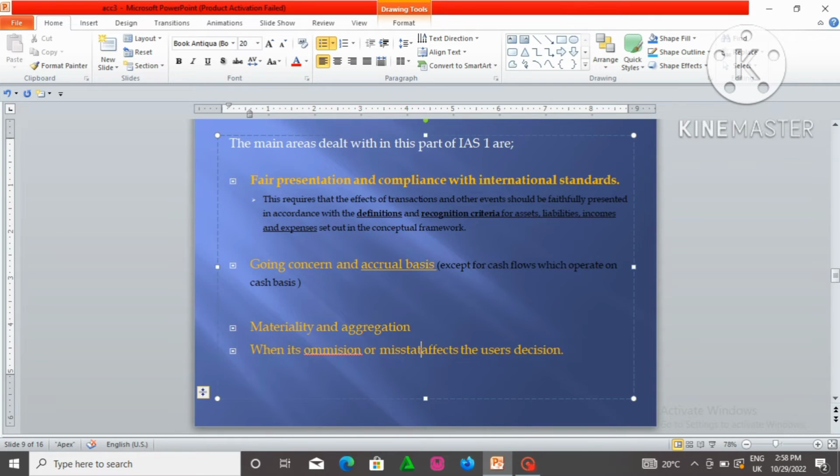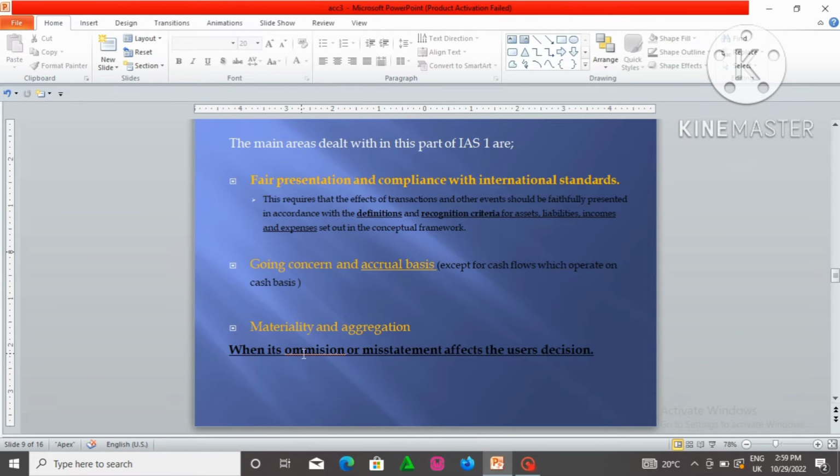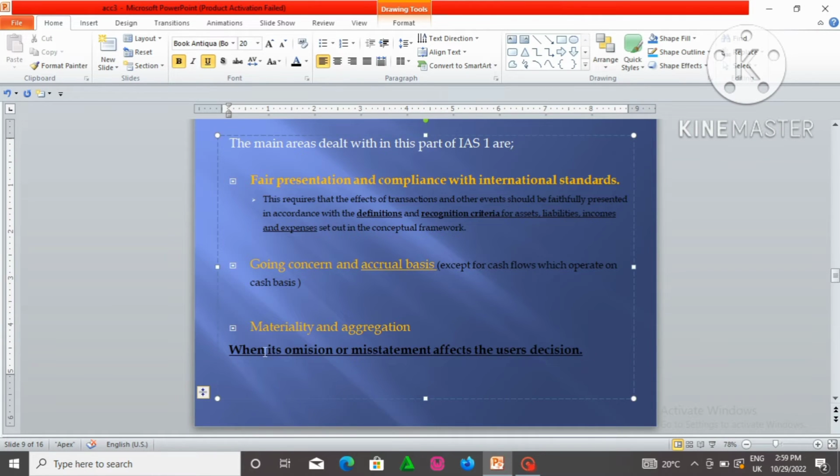If the cash balance was overstated, will it influence your decision? If it can, that means this misstatement was actually material, and if it does not, then it is an immaterial item. So immaterial items can actually be aggregated and then they will become material items. So we look at materiality and aggregation.